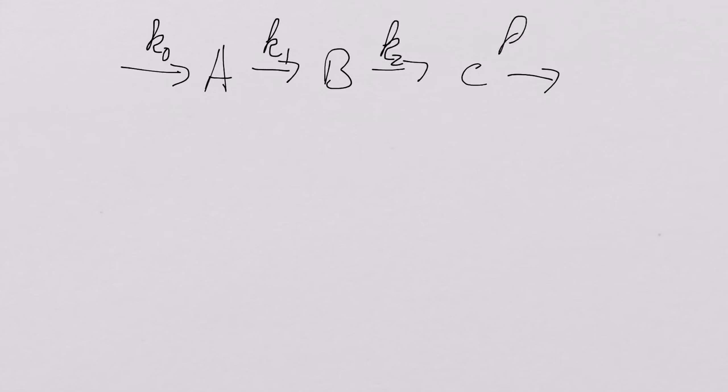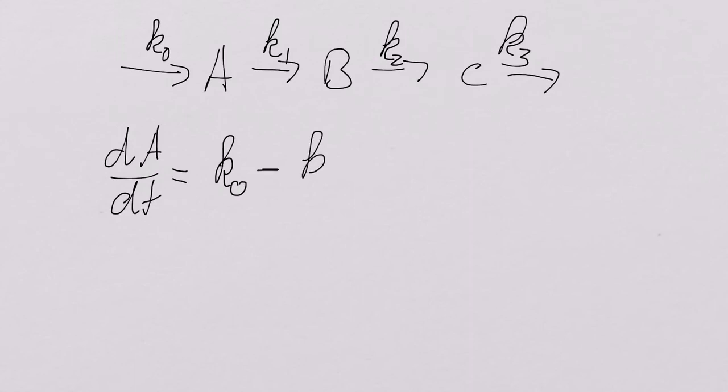Now, if we have got something like that, the whole scenario changes. For A, you would get dA over dt equals K0 in, constant, but we would lose K1 times A. Let's make it easy again, first order.